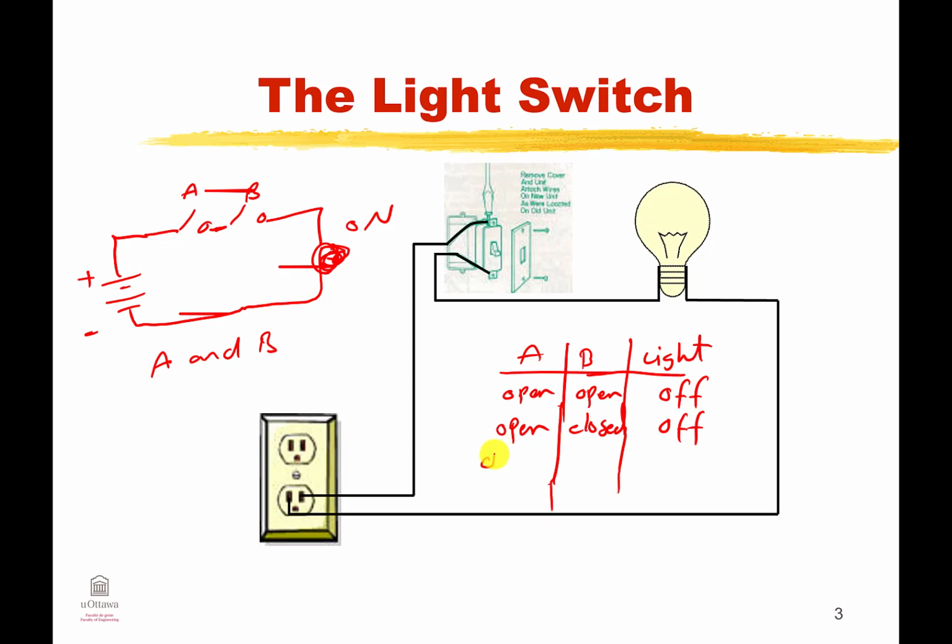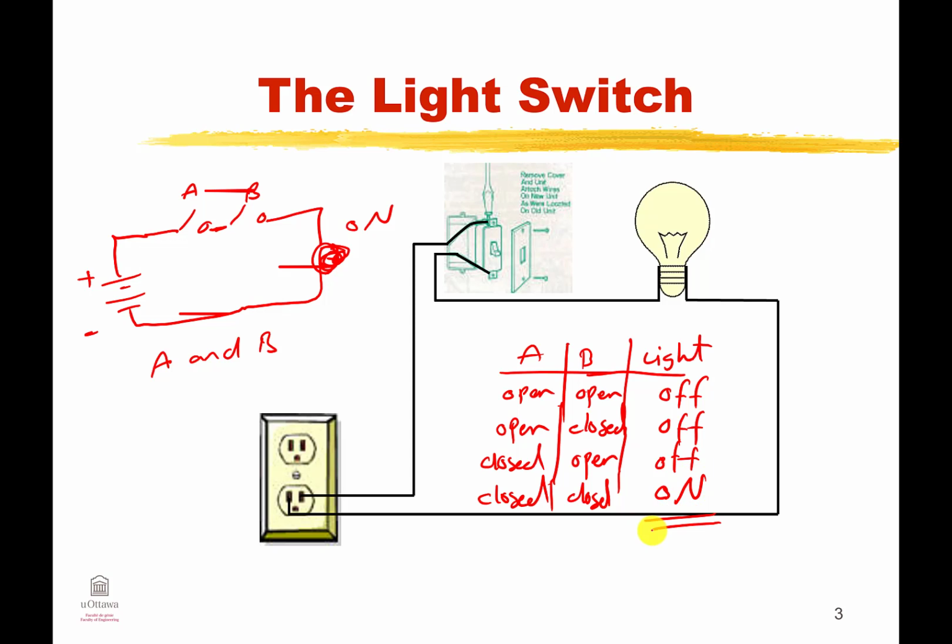If A is closed and B is open, the light is off. If A is closed and B is closed, the light will be on.